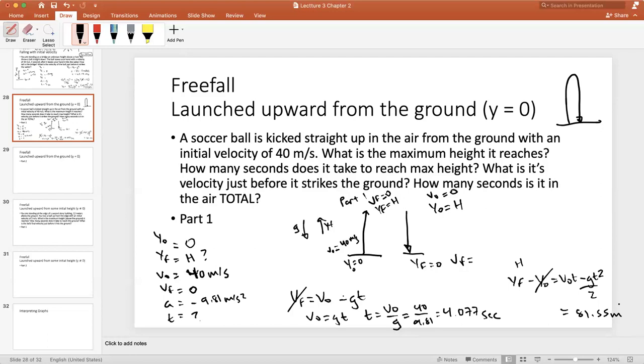which is really high. I guess an initial velocity of 40 meters per second, it would go pretty high up there, which is pretty crazy. Yeah, but apparently true, unless I've messed something up, which I don't think I have.